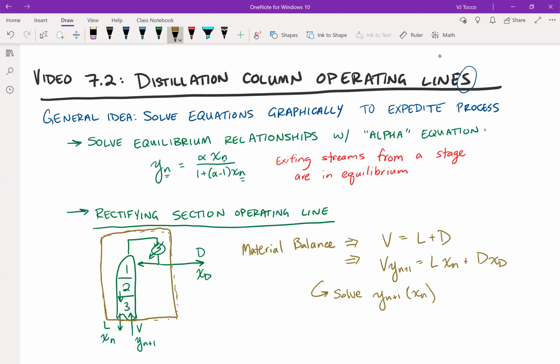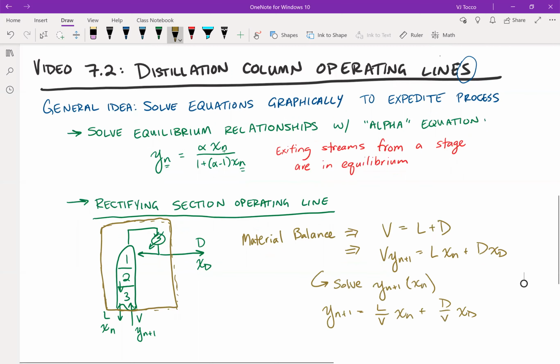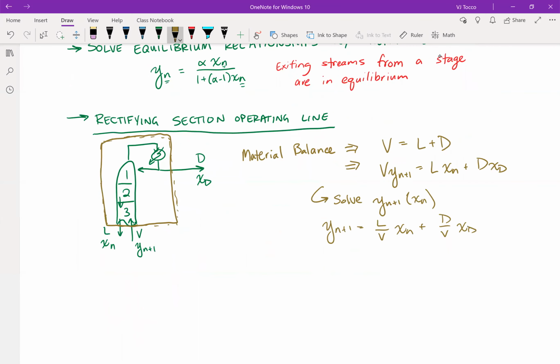It doesn't look too difficult. All we have to do is divide through by V. So that's one step. y of n plus 1 is equal to L over V times xn plus D over V times xd. One more step to simplify this a little bit: actually, I'm going to divide through by D. This may seem like a bizarre step, but it will simplify things in the future.